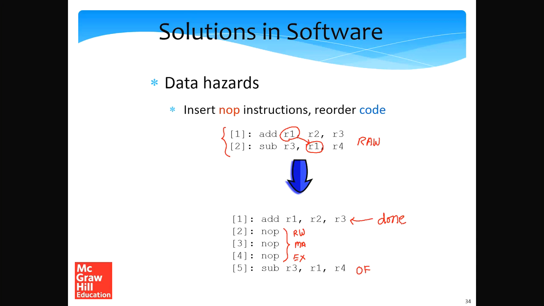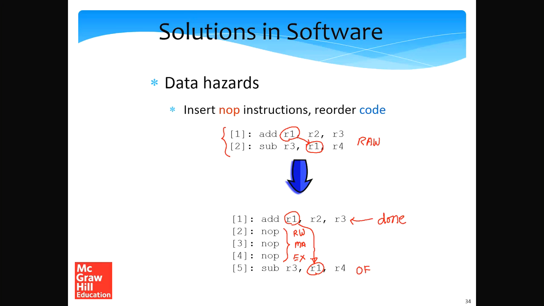And the first instruction is done. So which means that when the sub instruction tries to read the value of register R1, it will get the value of register R1 from the register file. This is exactly what we wanted.